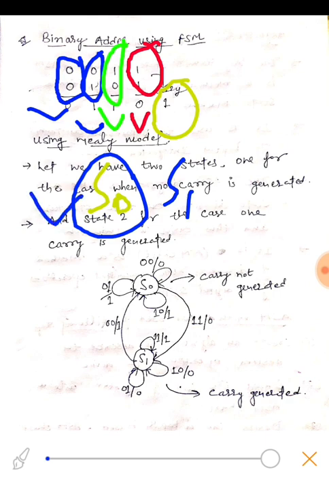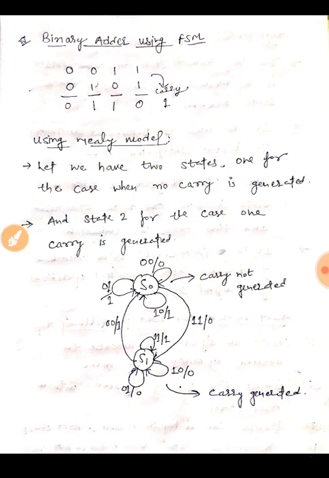The system would be in state S0 if there is no carry generated, or it will move to state S1 when carry is generated. That is the fourth case, in which both the inputs are 1 1. So we divide our system in two states, S0 and S1.